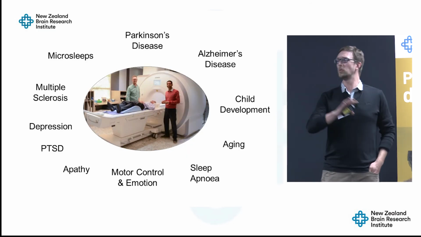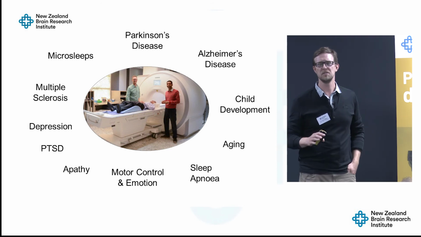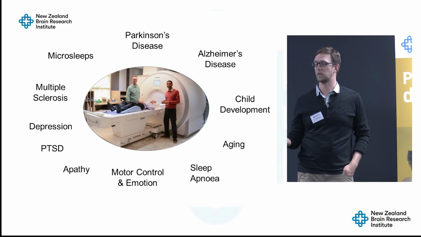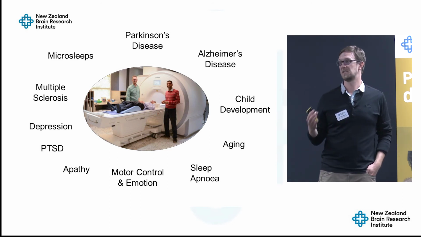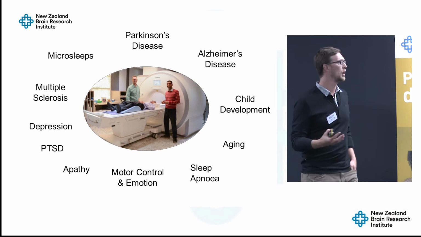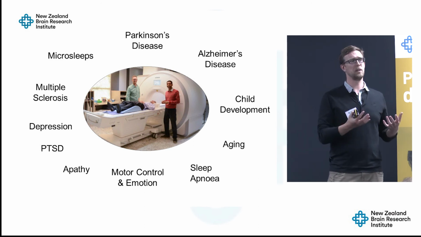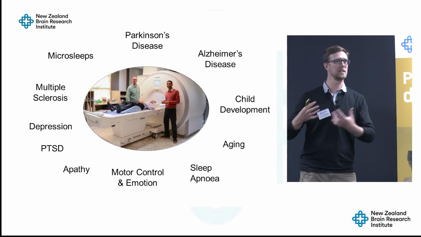So that was a whirlwind introduction to the amazing imaging techniques which we use. They really do produce some beautiful images which are very useful. And at the NZBRI, we're using these in a number of different studies and a number of different diseases. So I primarily am also involved in Parkinson's, and so I use these different imaging techniques to try and tell me more about what's happening in the brain and how the disease is progressing.